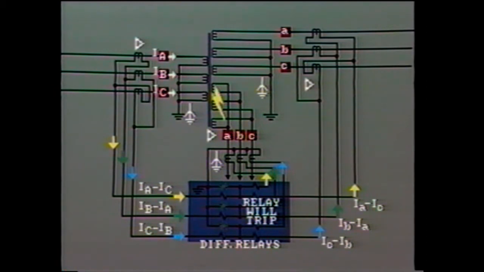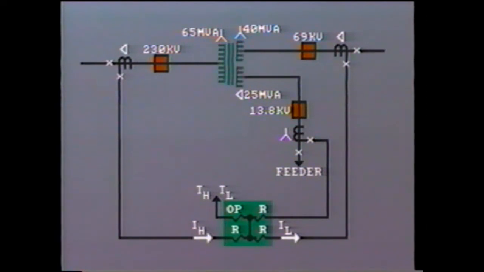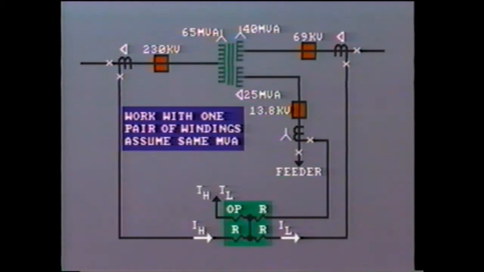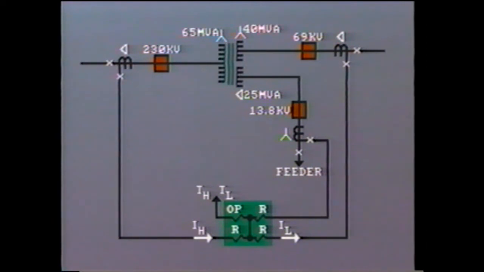With the multi-winding transformer, selecting the correct CT taps and calculating the mismatch is similar to our earlier example. The essential feature is to work with one pair of windings at a time and assume the same MVA for both windings. For example, let's consider 40 MVA passing from the primary to the secondary.